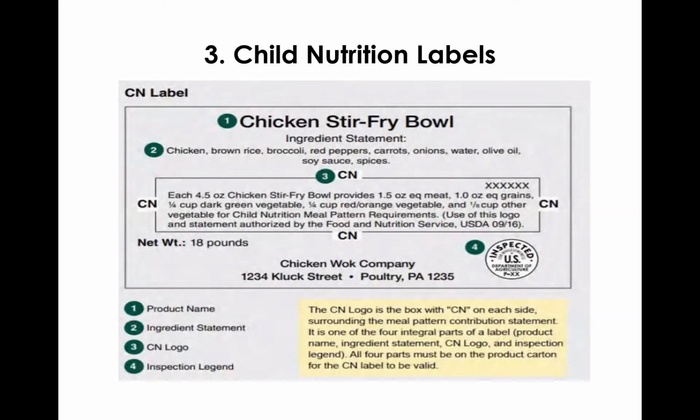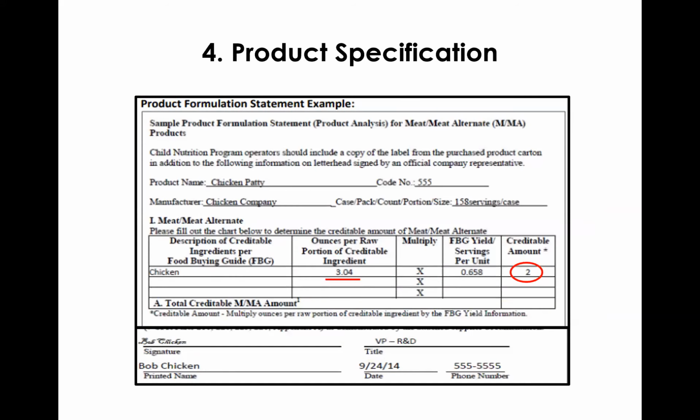So let's move on to that product specification sheet and what you need to be looking for. This is an example in your handout packet. I kind of cut and sliced this one to get it on the slide, but we're looking for that specific information of what the product is. We're looking at who the manufacturer is.